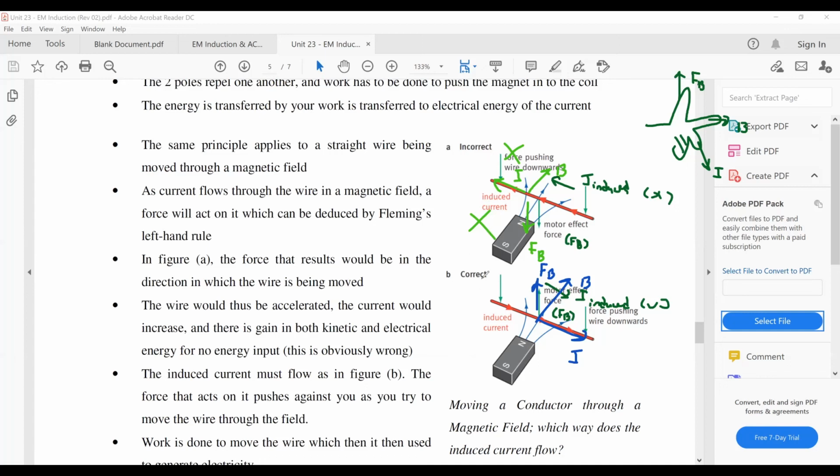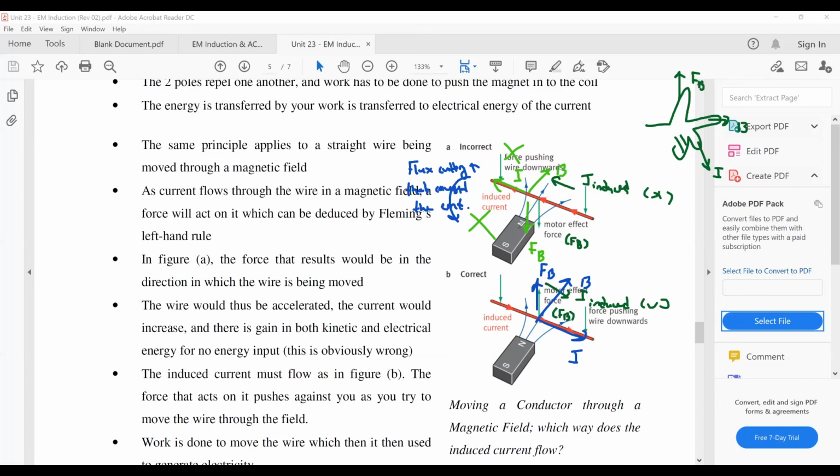If you want to look at it another way also, according to Lenz's law, you are trying to oppose the flux change that causes the induced EMF or induced current. If you go from here to here, you are cutting more flux. Your flux cutting is increased. That causes the EMF.